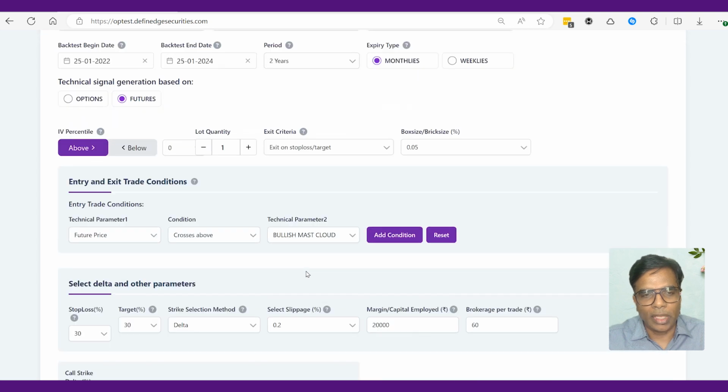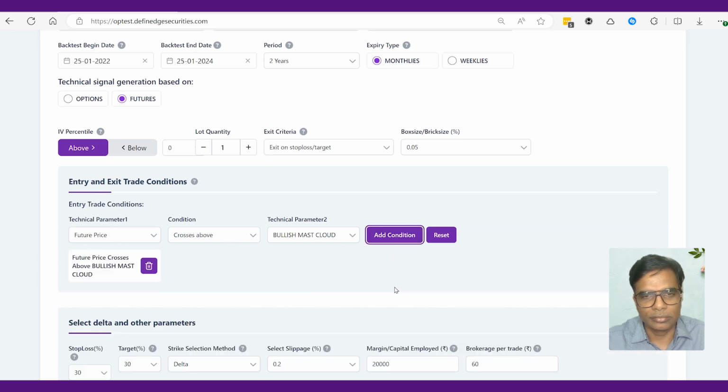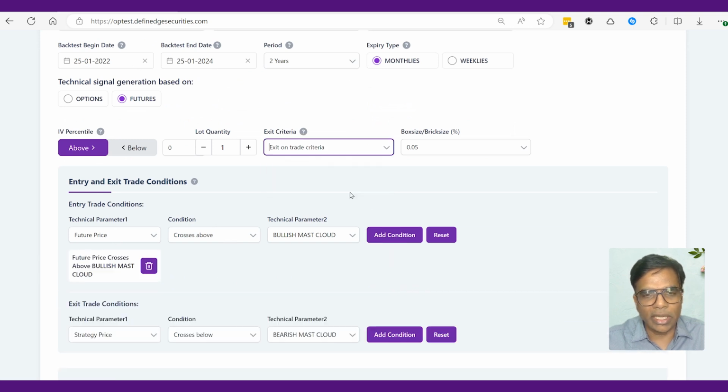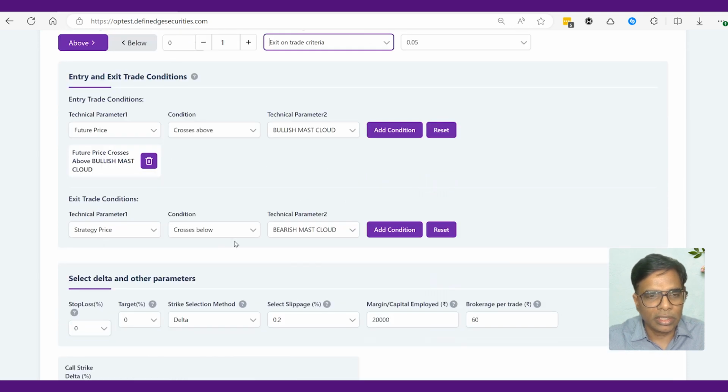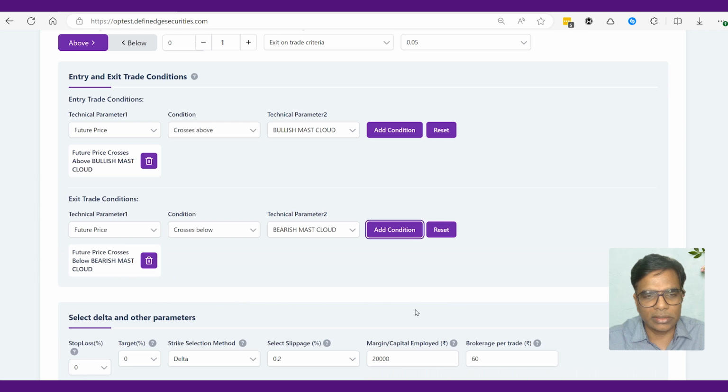Now if you come here, our entry condition is future price crosses above bullish MAST Cloud. Now the exit criteria: here the strategy price, or actually in this case the future price, crosses below bearish MAST Cloud, then add this condition.